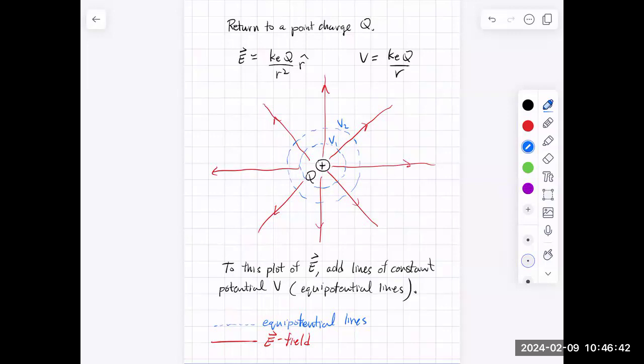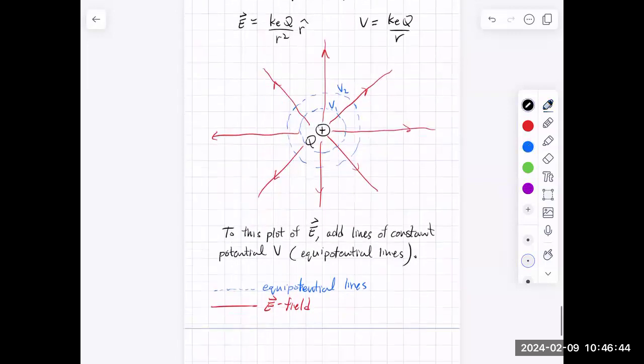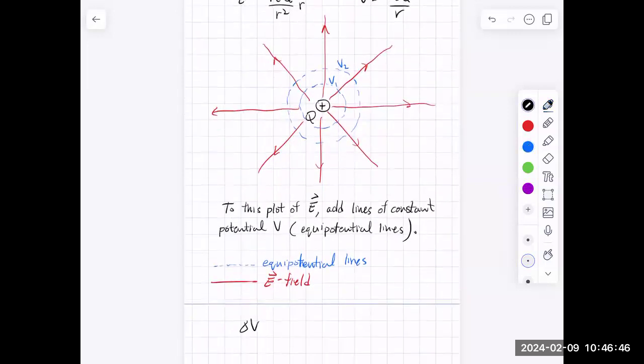Closer? Okay, let's think about this for a second. Delta V is equal to minus E dot ds. So if the electric field is very large, if E is big, then delta V is also big. If E gets small, then the change in potential gets small.